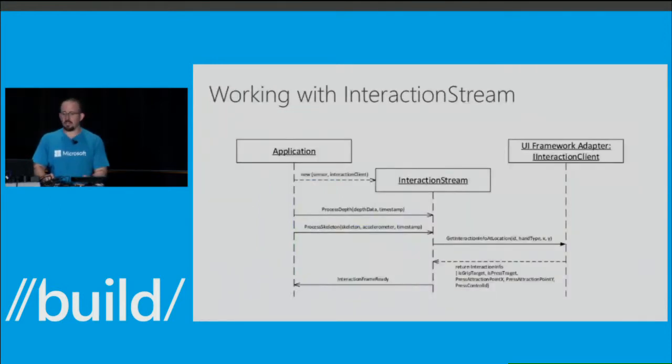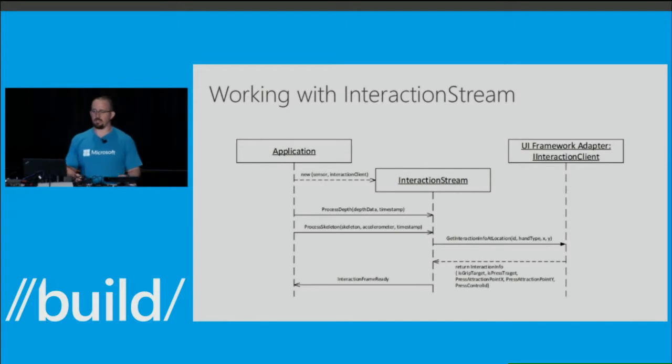Here's a UML diagram of how you would work with the interaction stream. The first thing your application has to do is create the interaction stream object. Then your app would call two methods asynchronously, process depth and process skeleton. The interaction stream then calls a method, get interaction info at location, and it returns back for an XY point: is there a grip target there?